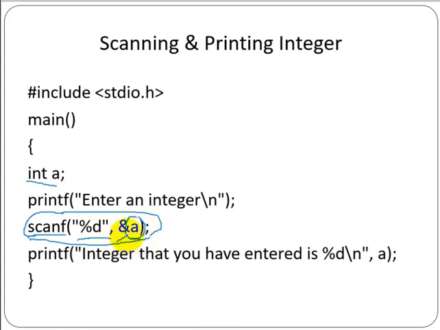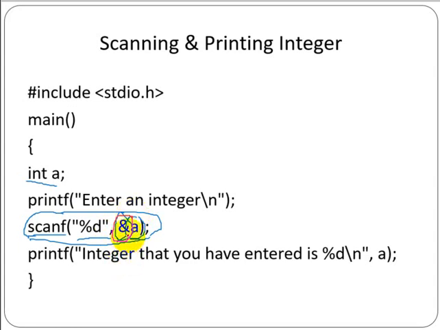This ampersand is always mandatory in the scanf statement. So whenever you use a scanf statement, please keep in mind you need to provide an address reference. This address of a is always necessary. Okay, don't forget to give the address. You need to always give the address.